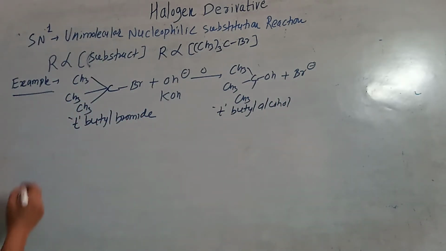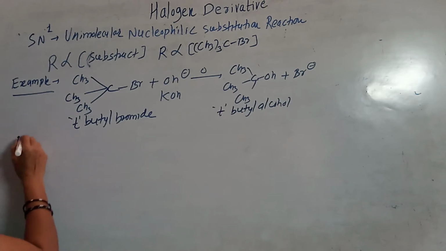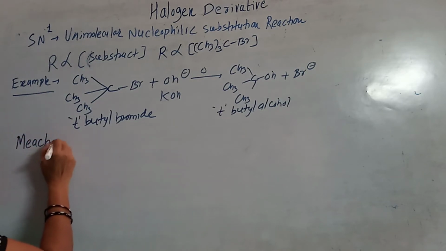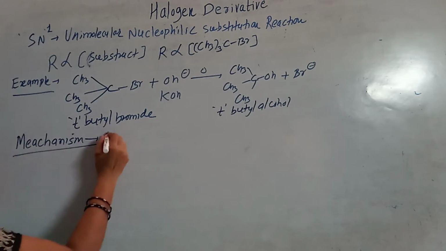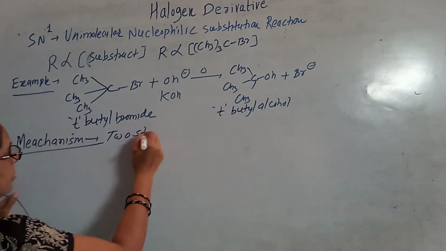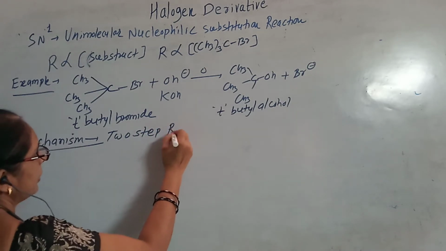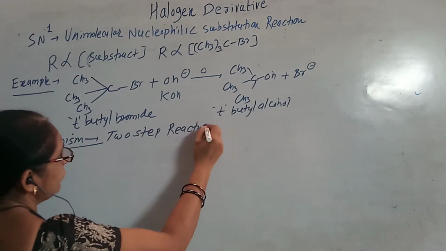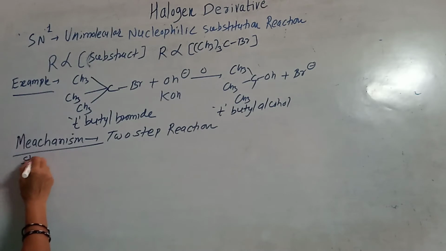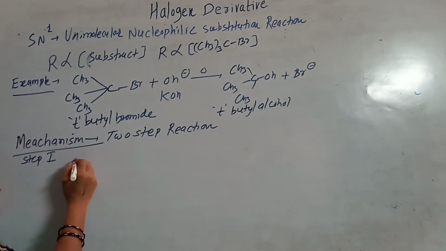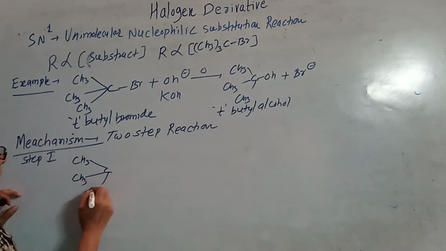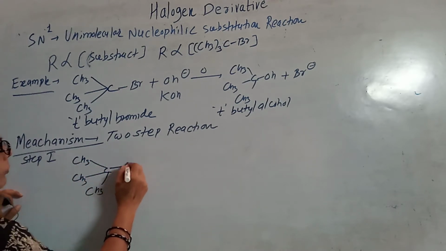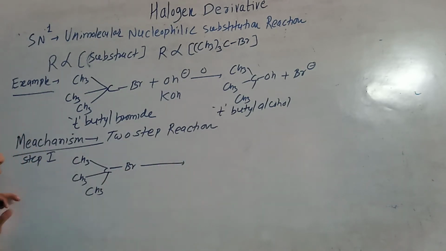The SN1 reaction is a two-step reaction. So let us consider the mechanism of the reaction. In the mechanism, it is a two-step reaction. So what is the first step? Step number 1. In the first step, the tertiary butyl bromide undergoes heterolysis.